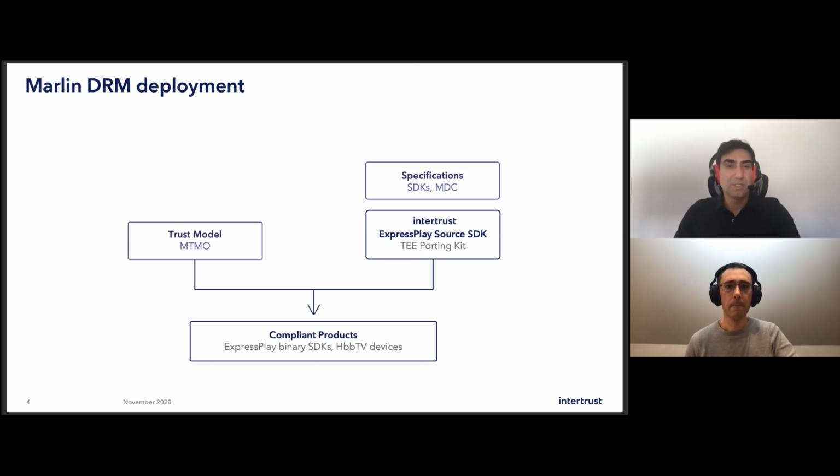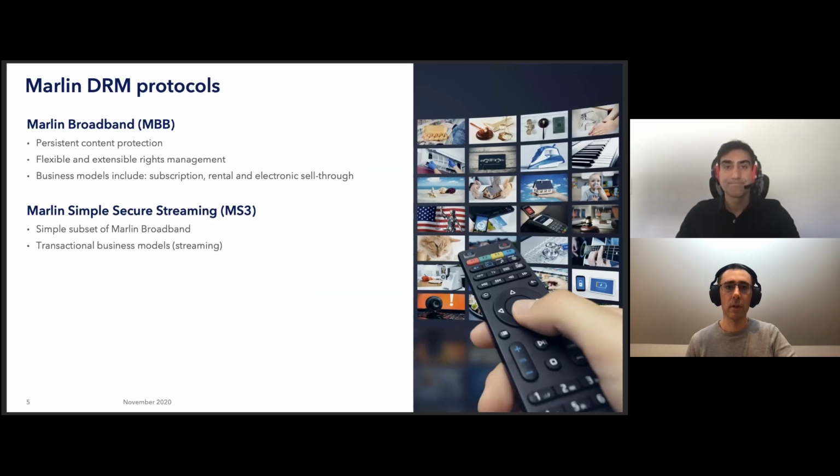So that's interesting. If I'm not mistaken, there are actually two types of Marlin DRM protocols. Can you explain what these two protocols are and what their differences are? Yes, you're right, Ali. There are two types of Marlin protocols. The first protocol is MBB, which stands for Marlin Broadband, and is the main and most complete Marlin DRM protocol.